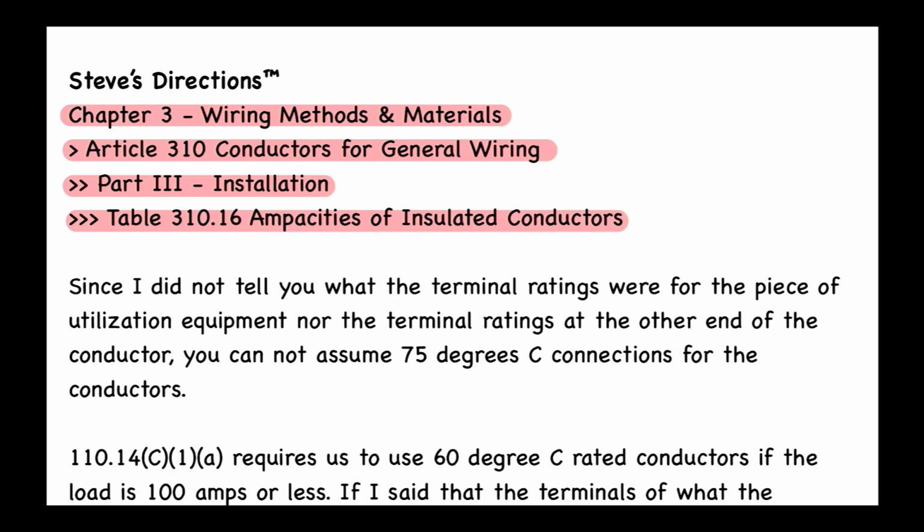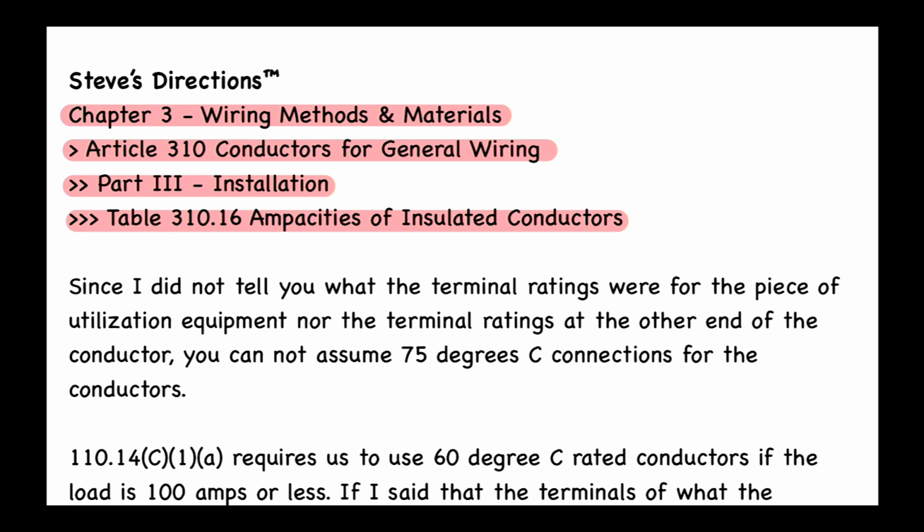In the 2017 Code Book, that is going to be Table 310.15(B)(16). They changed the table numbers on us. They didn't ask me if they can do that. They just did it without asking me. I was kind of surprised.